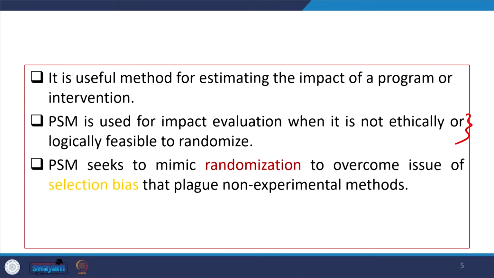There are lots of possibilities of arbitrariness in the set of data being adopted. So, wherever you have doubt about randomization, this is one of the plausible methods, one of the best methods to be applied. That is why PSM is widely applied. PSM seeks to mimic randomization to overcome the issue of selection bias that plagues non-experimental methods. So, this is considered to be randomized because there is no difference between the two groups.